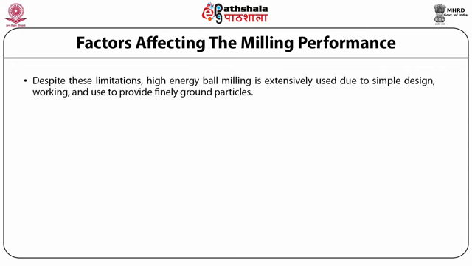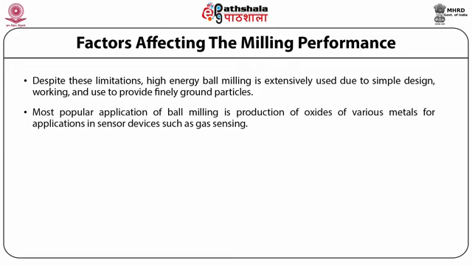Despite these limitations, high energy ball milling is extensively used due to its simple design, working, and use to provide finely ground particles. The most popular application of ball milling is production of oxides of various metals for applications in sensor devices such as gas sensing.